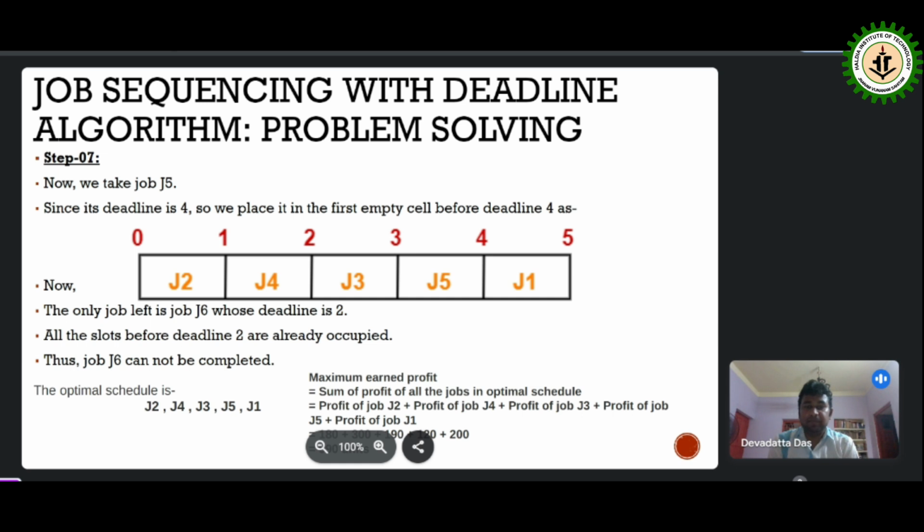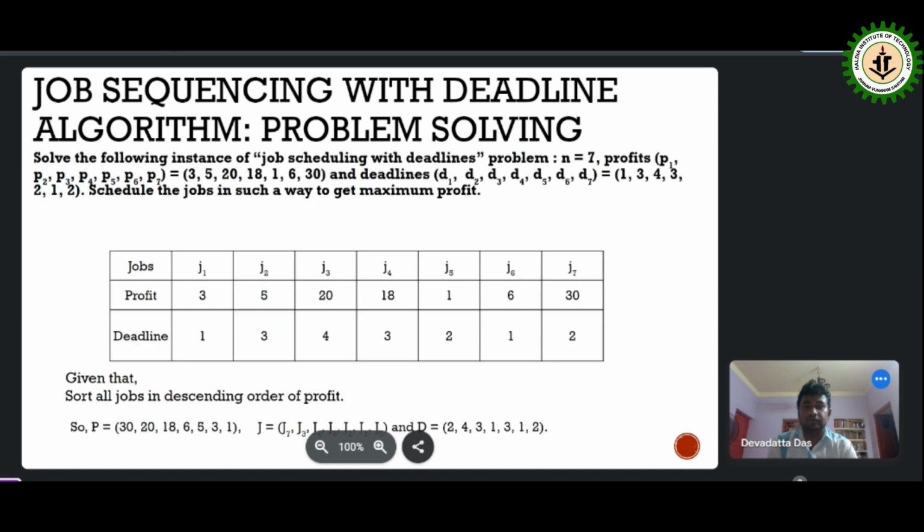So in the final step, each and every job is inserted into the net chart, and then we can get the maximum earned profit by adding all the values. So here the final value will be 990 units. Here is another problem of job scheduling that I can solve in the previous way.